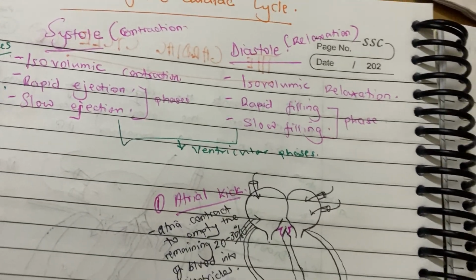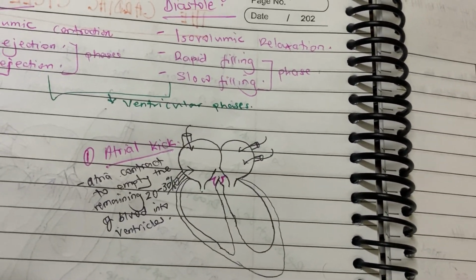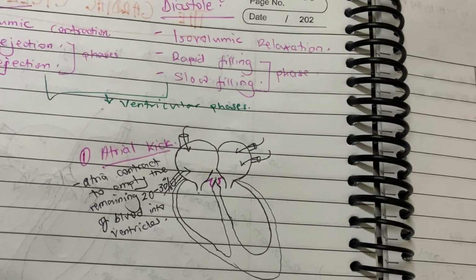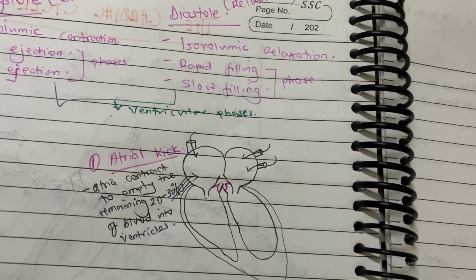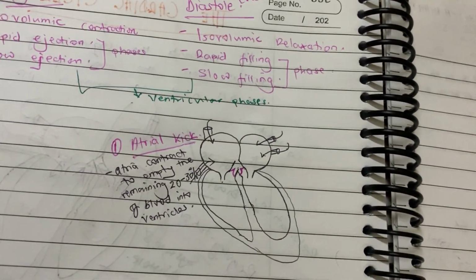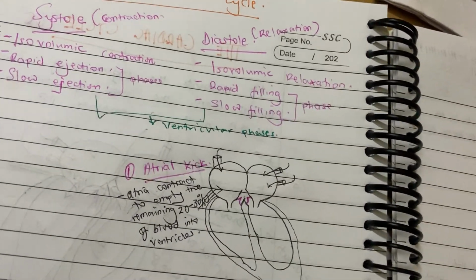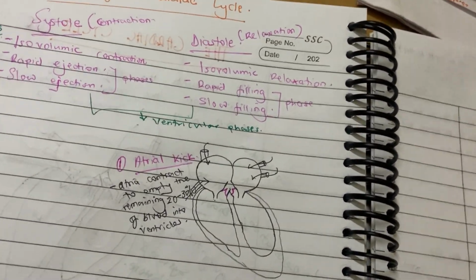That is 1. During atrial kick, the atria contract. That is after atrial depolarization. The atria contract to empty the remaining 20 to 30% of blood into the ventricles. Meaning, before atrial kick, 70 to 80% of blood has already entered the ventricles.